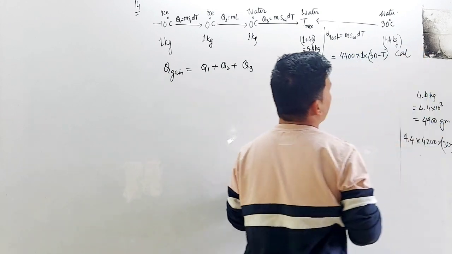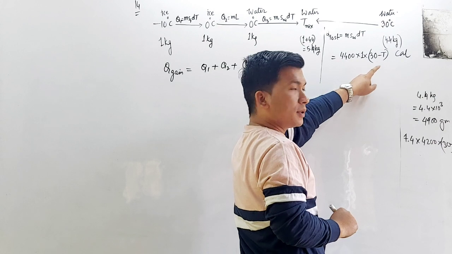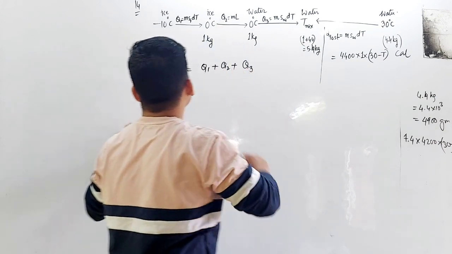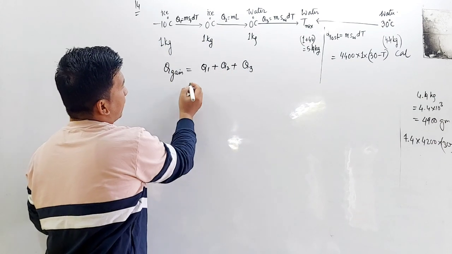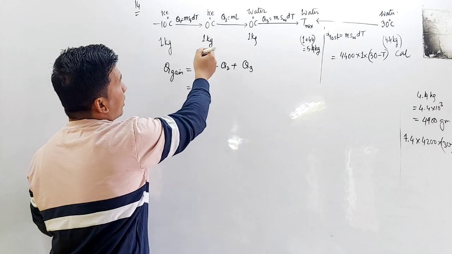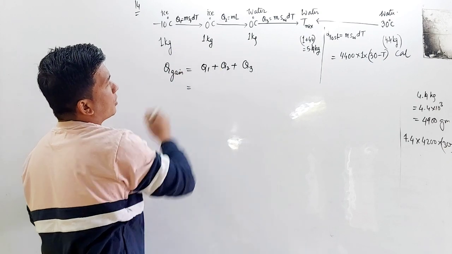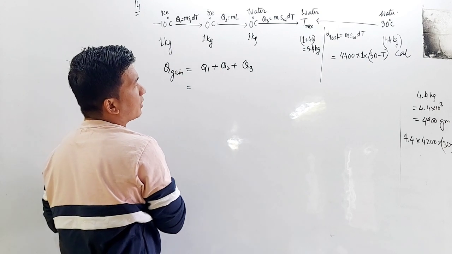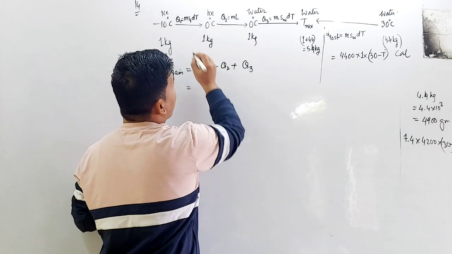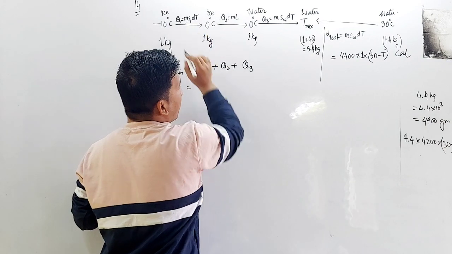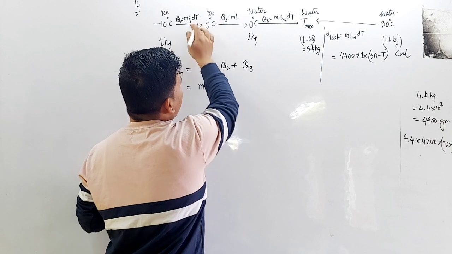Now for 1 gram, where the equation is mass, we consider the mass m, for 1 kg, m.